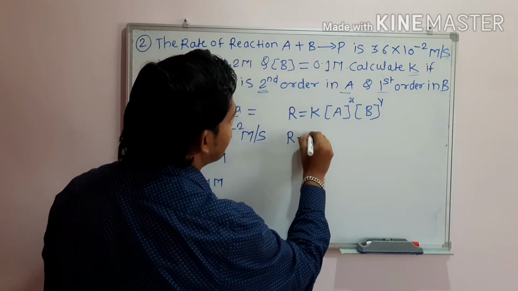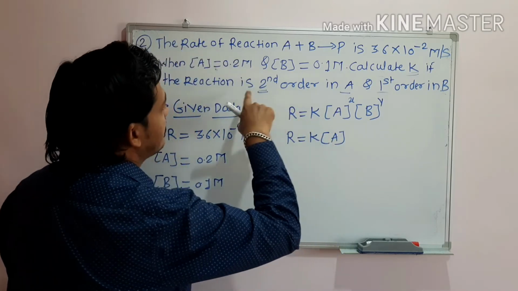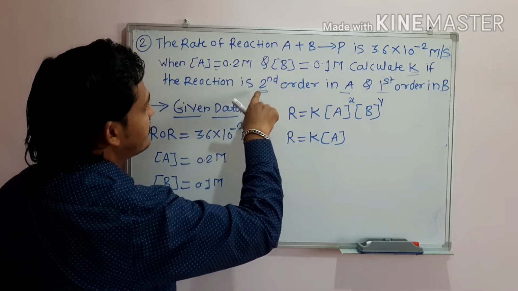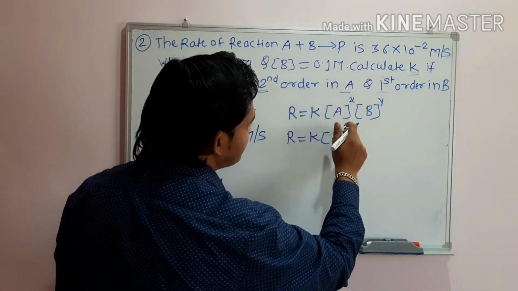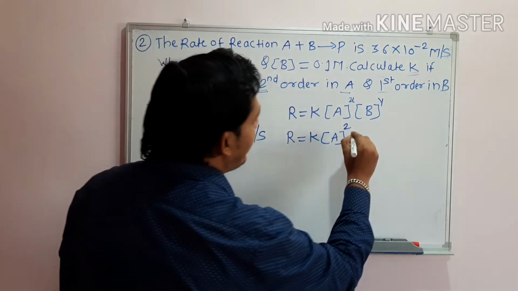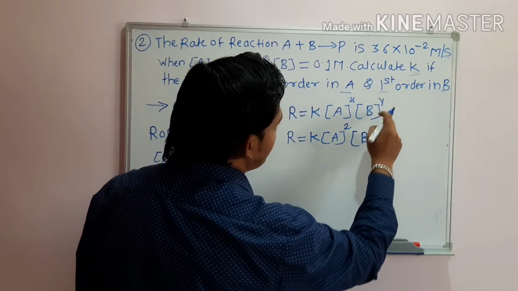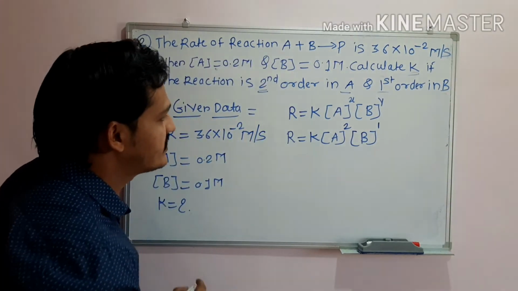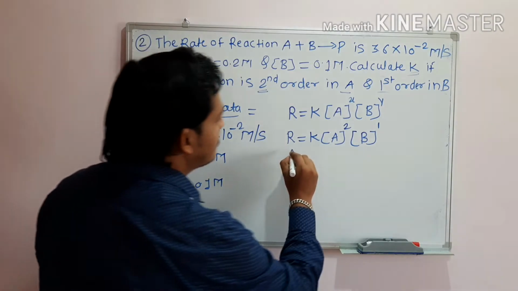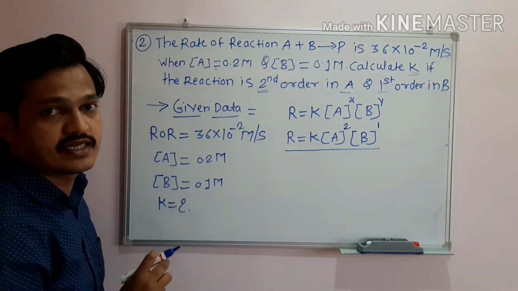So R is equal to K [A], and here it is directly given second order with respect to A, so the value of x is 2, and first order with respect to B, so B in terms of y, there is first order. So first of all I am writing the correct expression for the rate law by using this numerical.